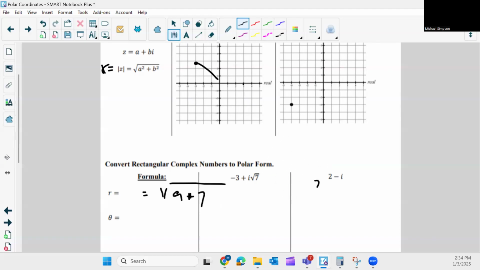That gives me the square root of 16, which is equal to 4. So R is 4.